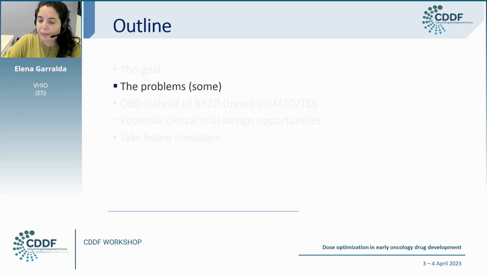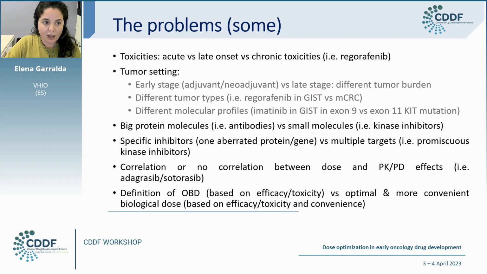So what are the problems that we are facing right now in phase 1 and that need to be addressed when we are thinking about new clinical trial designs? Well, it's a list of some of the problems, because this list can really be much more extensive, and why designing these trials, doing drug development as we're doing, has its challenges. One is toxicities.